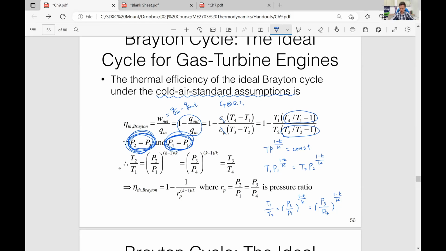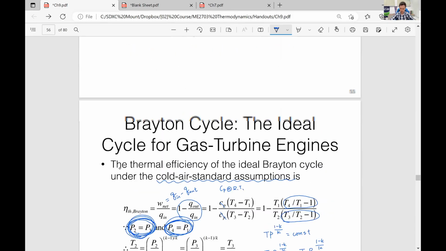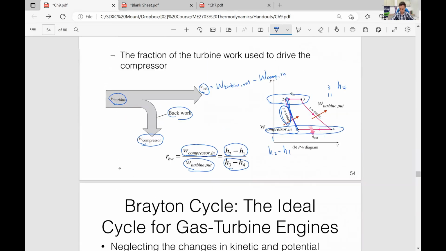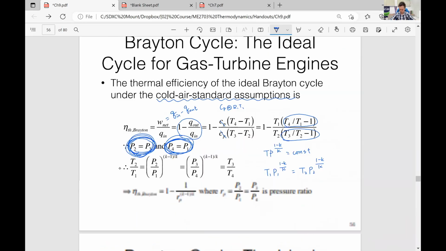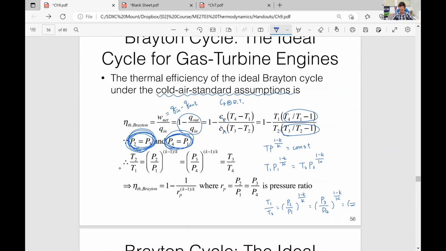Then because process 3 to 4 is an isentropic process as well, it follows the same relation.